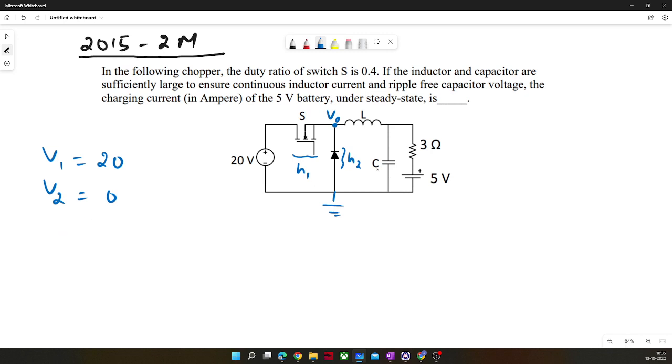Now we can calculate, because we need to calculate the charging current of the battery. So we need to calculate I naught here. V naught will be equal to H1 V1 plus H2 V2. In any circuit, if you see it in this manner, it will be very easy to solve. And since V2 is 0, this term will be 0.